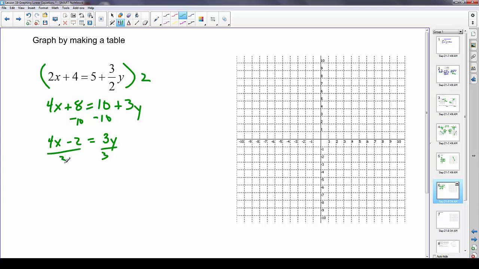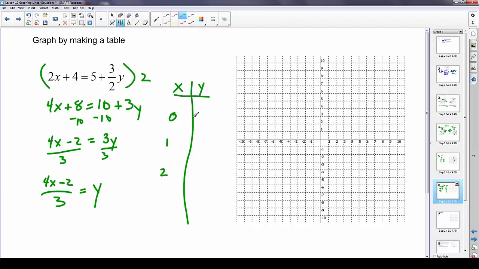I have to divide everything by 3, so now I have 4x minus 2 over 3 is equal to y. We're going to make a chart again. Whenever you have fractions in the problem, your answers aren't going to be as pretty.